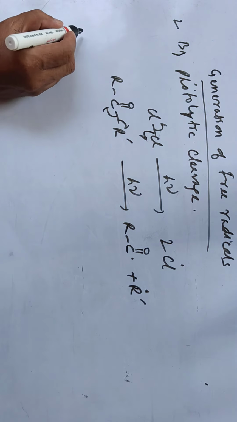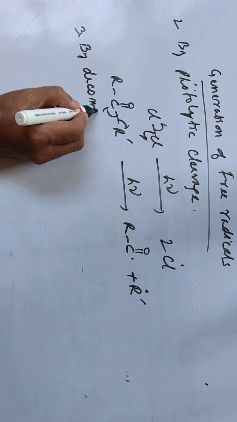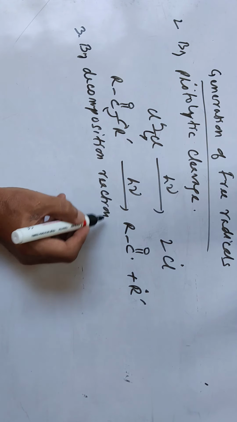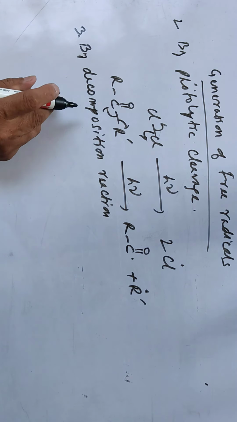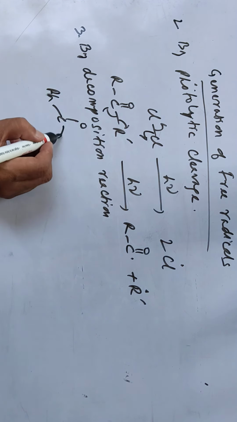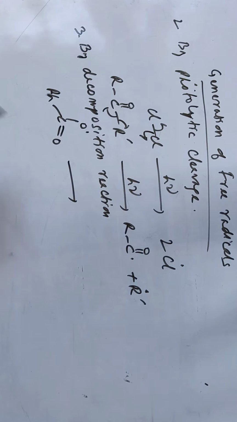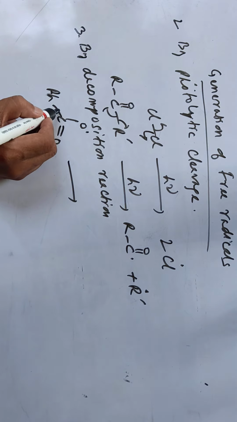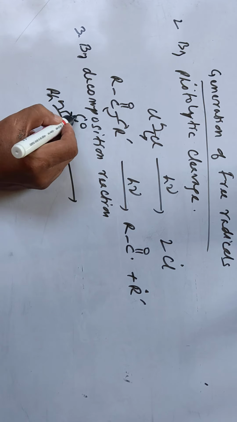Then the third one is by decomposition reactions. Free radicals can also be generated by decomposition reactions. In this case, a radical can undergo photolysis or any other method, and we get another free radical.